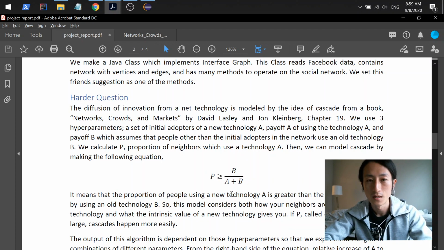We can model this cascade with this equation.